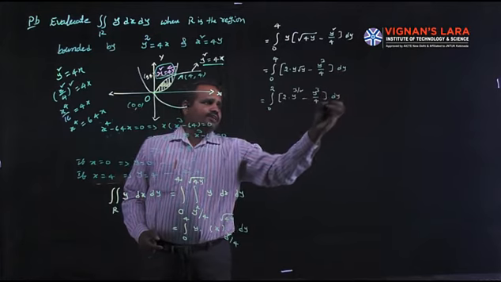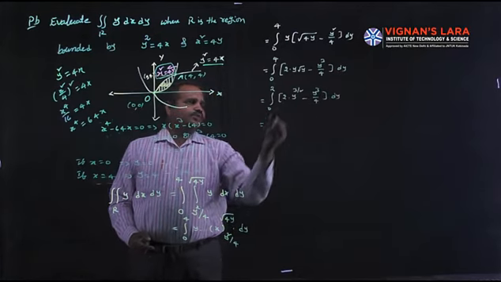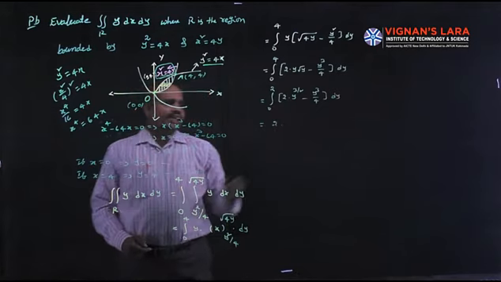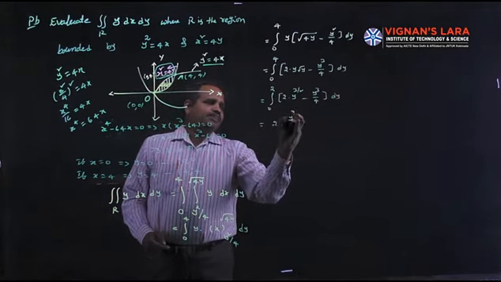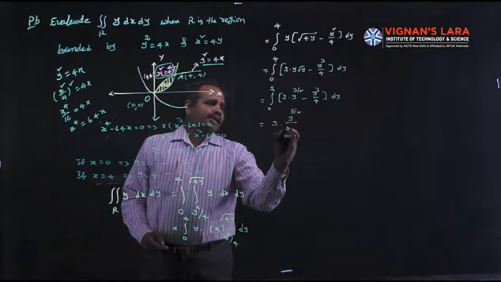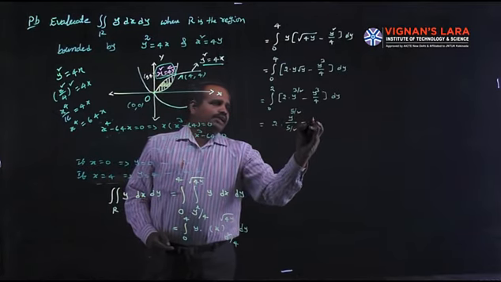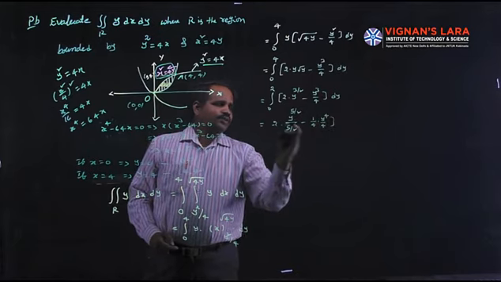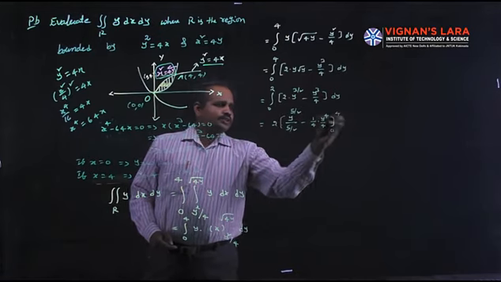Now simplify and integrate: 2 into, it is of the form x power n, and the integration of x power n is x power n plus 1 by n plus 1, minus 1 by 4 into y cube integration, y power 4 by 4. Limits are 0 to 4.